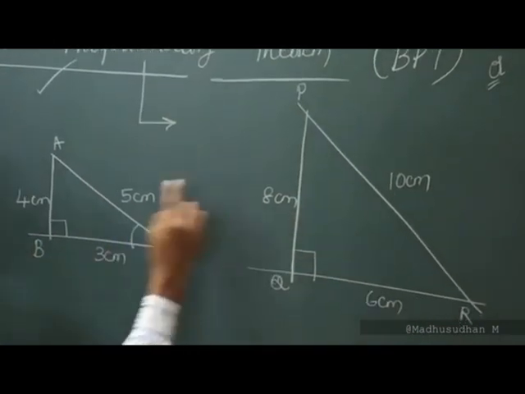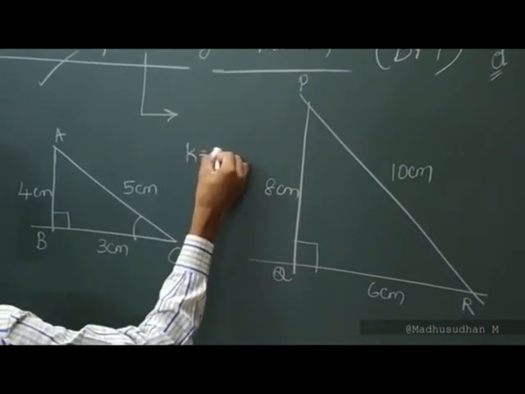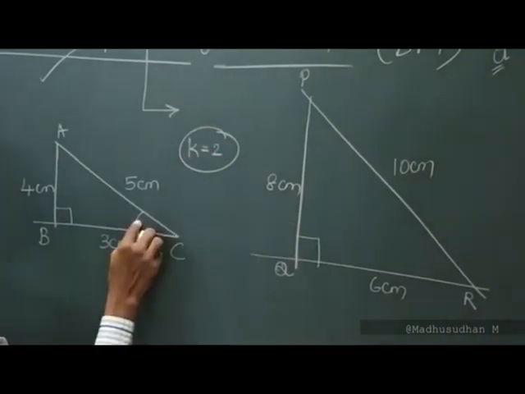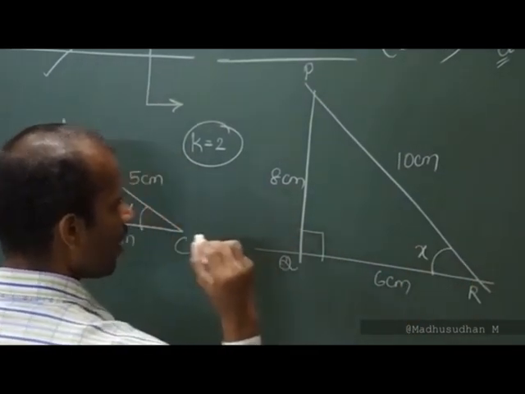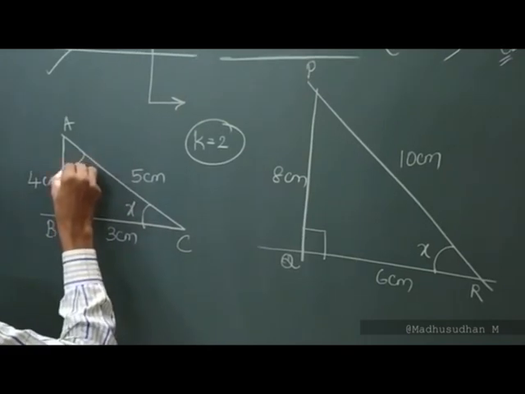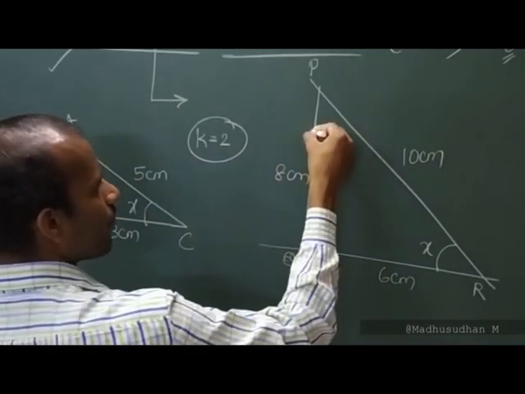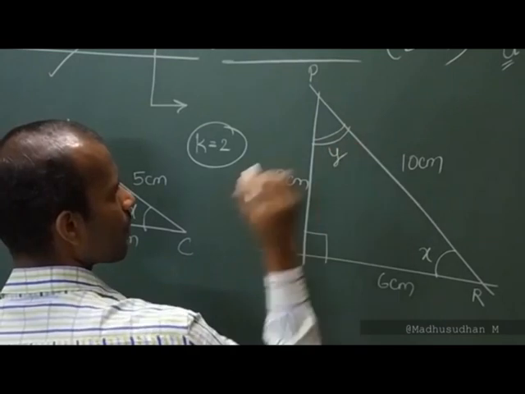And these two are similar triangles. K is equal to 2 here. So this angle, if it is X, the corresponding angles are equal. Corresponding angles are equal in case of similar triangles.